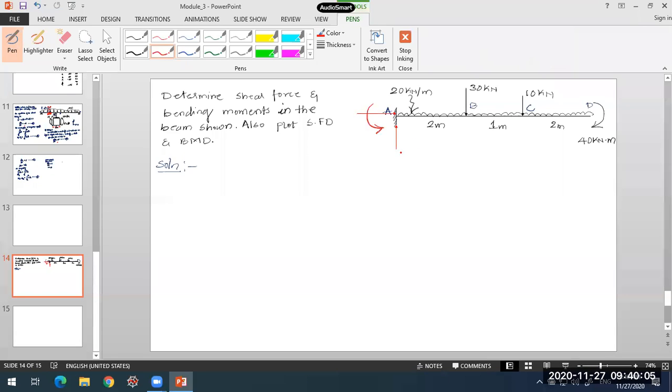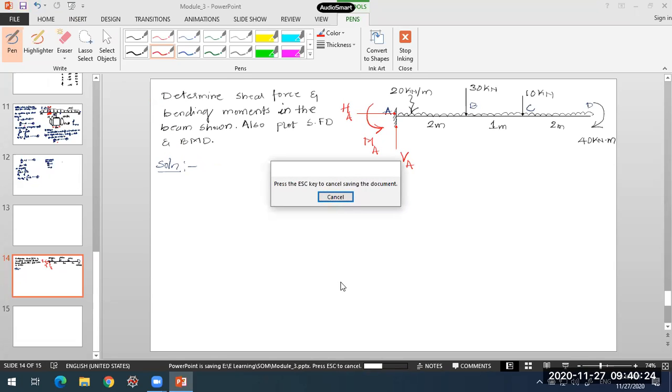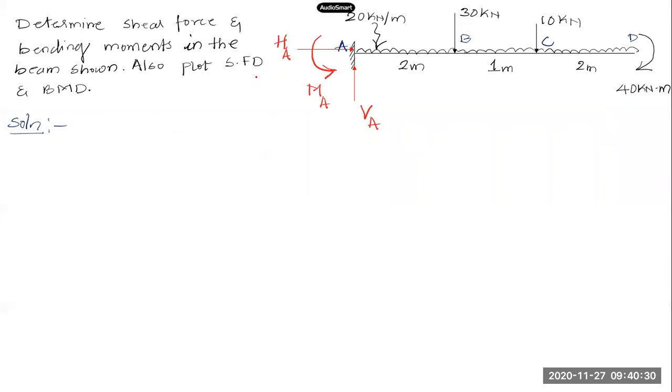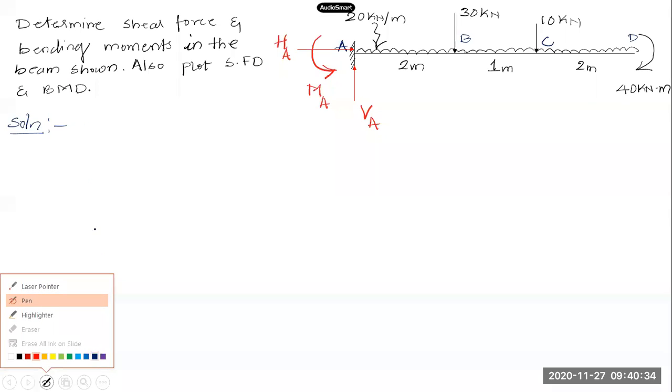That is VA, vertical reaction at A, HA, horizontal reaction at A, and MA, moment at A. So what are the reactions?